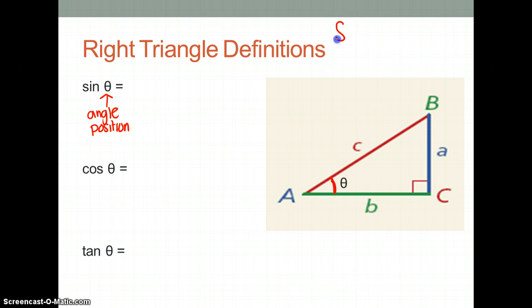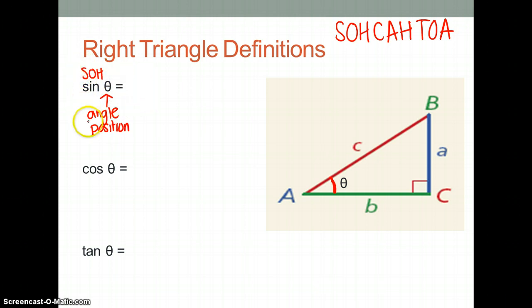And hopefully, when I put this up top here, it looks familiar to you. This is SOHCAHTOA. This is a tool to help us remember what ratios sine, cosine, and tangent relate to. So we talk about right triangles, sine of theta. We see sine of theta says SOH.